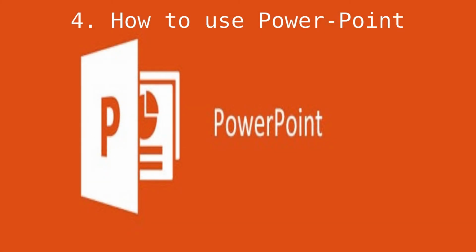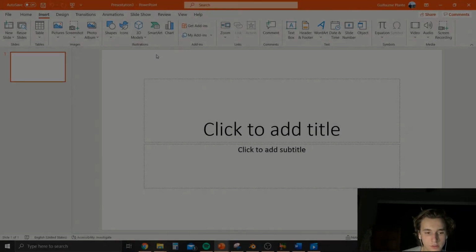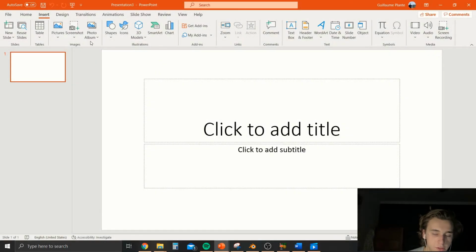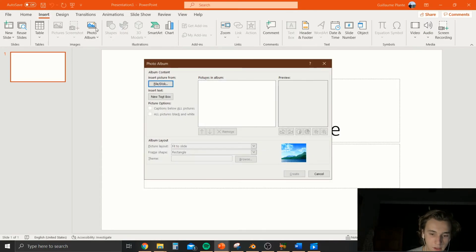So for PowerPoint, what I will show you today is how to do a photo album. First you come into the Insert tab, go on Photo Album, and this can help you with your 3D printed project since you can insert photos into slides very quickly.